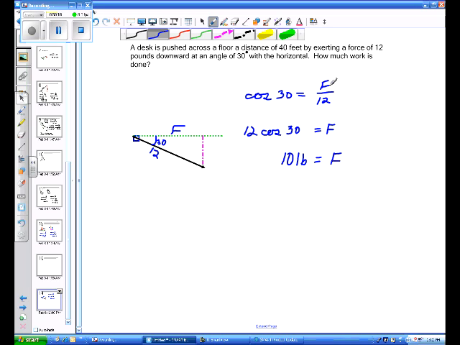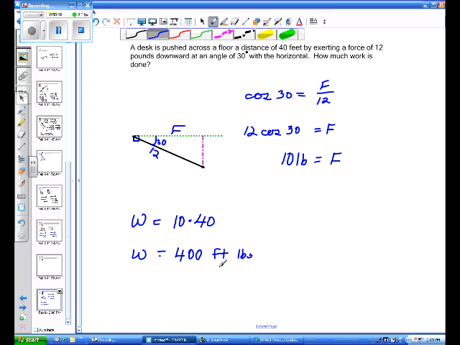But we want to know how much work is being done. So work, if you remember, was the force, which is 10, times the distance, and we pushed it for 40 feet. So our work would be 400, and we call this foot-pounds.